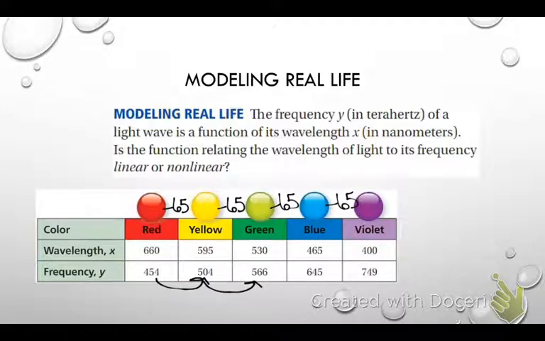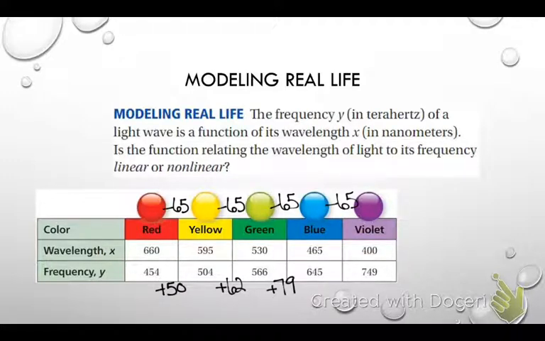How many am I adding by? 79. All right, so I'm adding 50, and then what's my second one? 62. What's my next one? 79. So right now, before I even fill in the rest of it, is this linear or not?